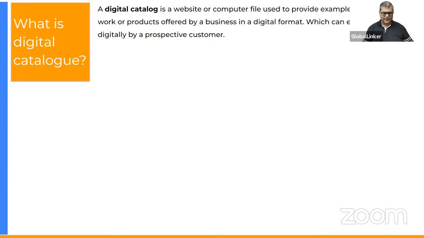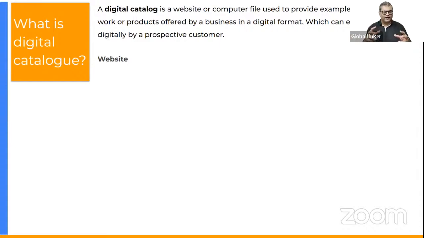And obviously, if you read it a few times, it starts making sense. But if I have to say it in a simpler way, a digital catalog is basically a website. But that leads to a question: can any website and every website be called a digital catalog? The answer is no. Every website can't be characterized as a digital catalog.